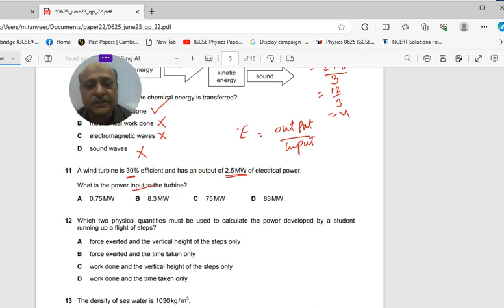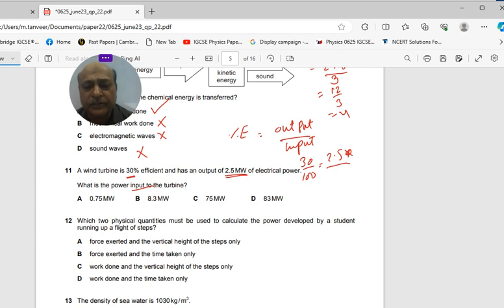But here percentage efficiency is given, that is 30%. Just write 30 divided by 100. Output is 2.5 megawatt. You have to convert to power of 10, but answer is also in megawatt, so no need to convert.